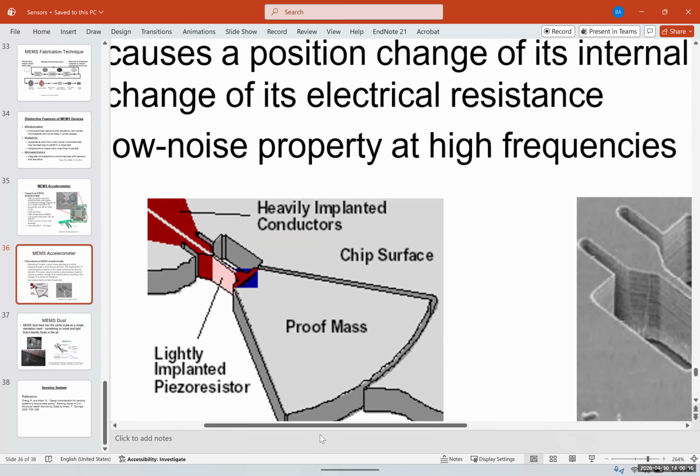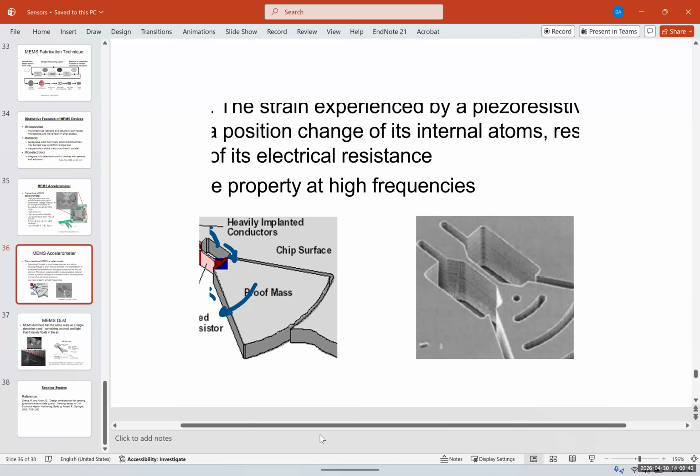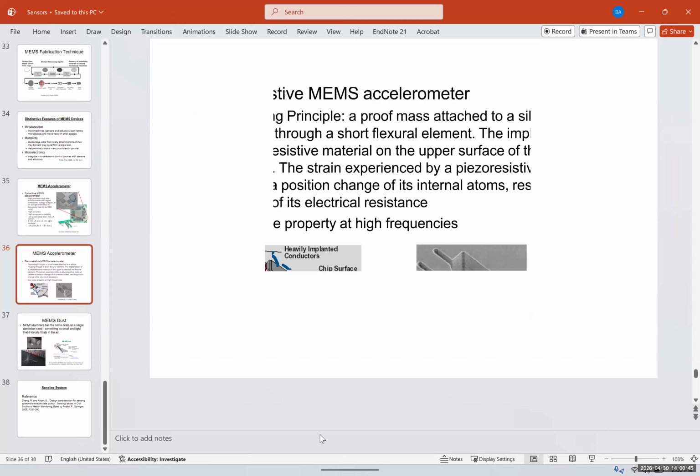And what happens is when this moves to the left, one side compresses and the other side expands, and you create a little bit of current, which you can detect. So it's basically like miniaturizing the accelerometer that we had into a very small footprint. And this is cut in half. This is the actual picture under an electron microscope.